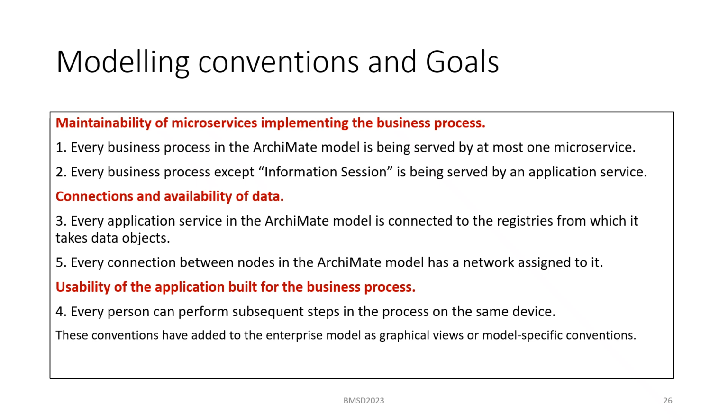Conventions 3 and 5 are about connections and data access. Convention 4 refines the usability of the application built for the business process. All of these conventions now belong to the model as its documented features.